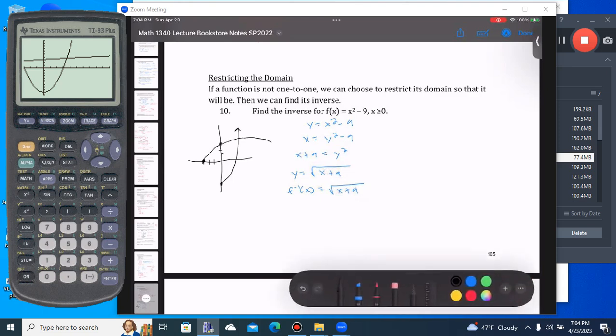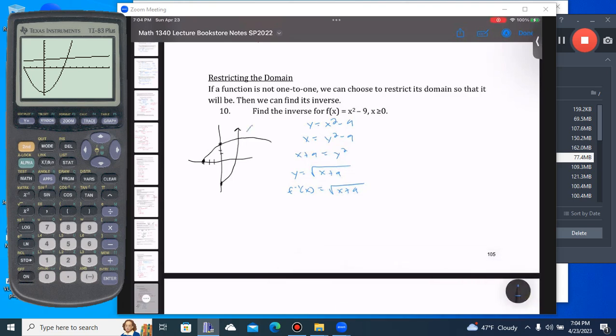And then these are mirrors of y equals x. We can kind of see that if we graph y equals x as well. They cross at one point even.